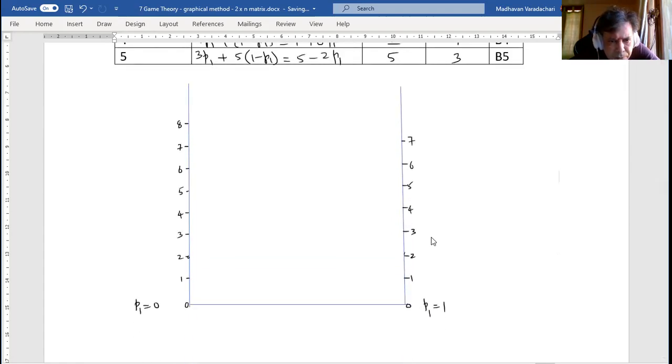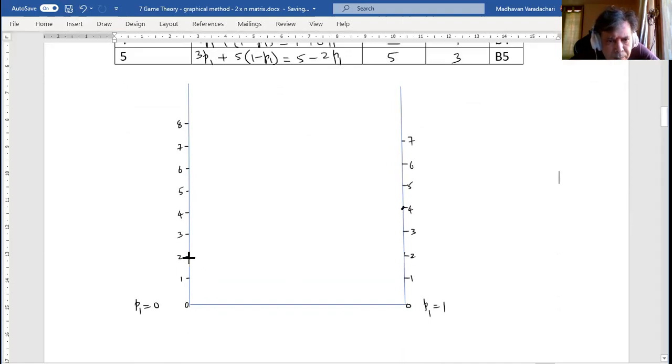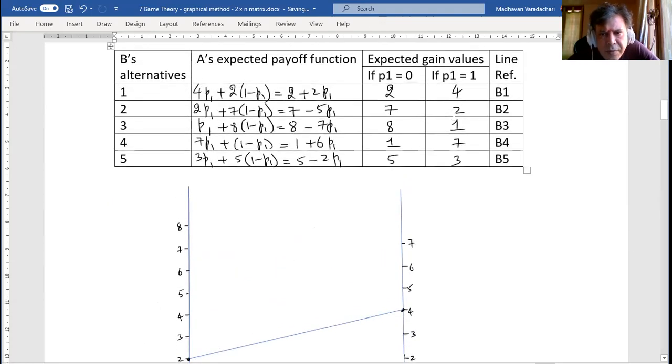Now join these 2 points. Next, left it is 7, right it is 2.